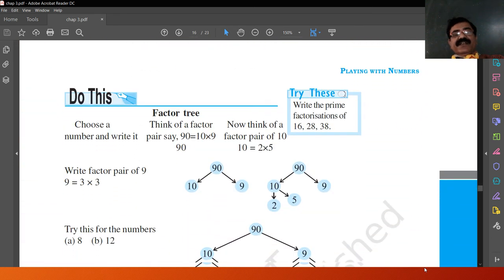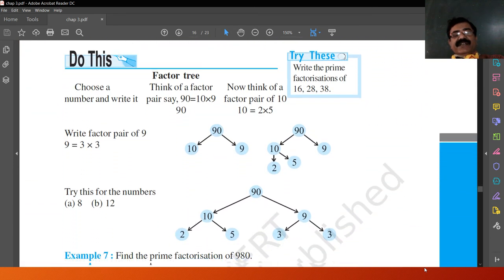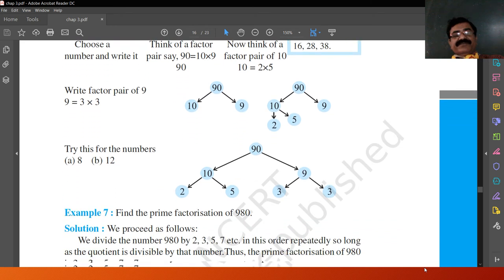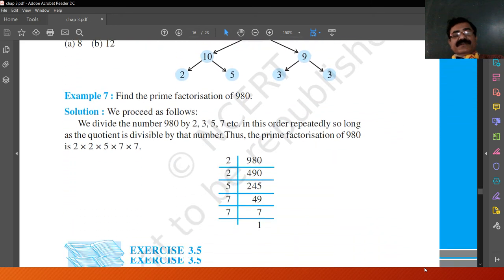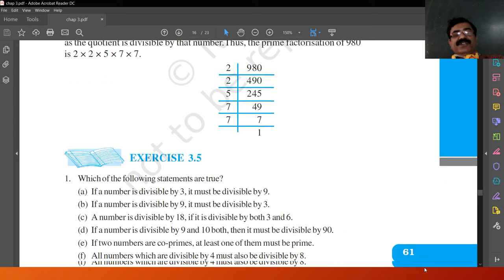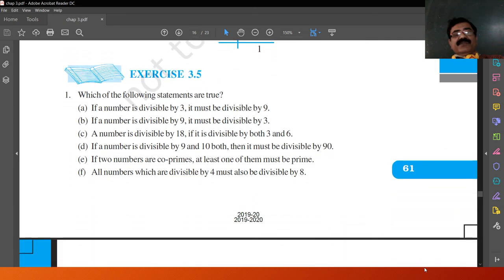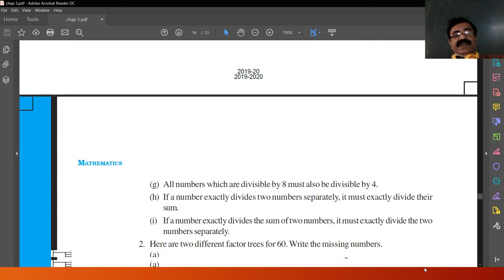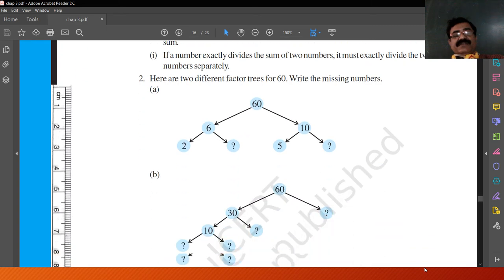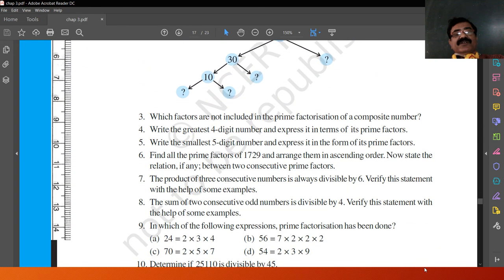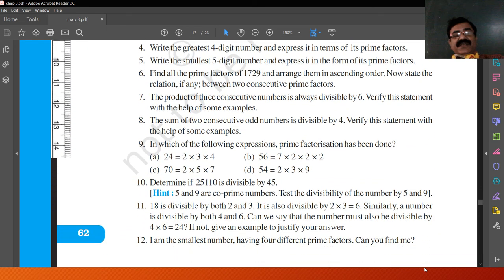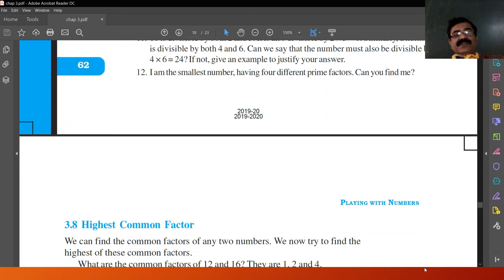You can find the prime factors and the factor tree also, and by knowing this, you can solve exercise 3.5. Next, students, very easily we can reach and solve the questions.